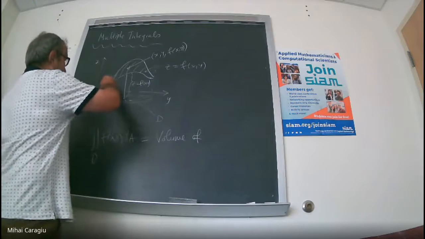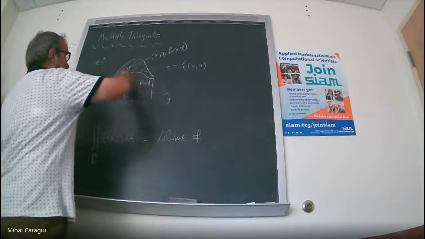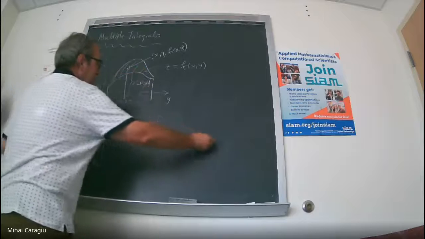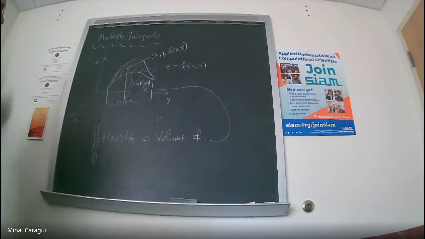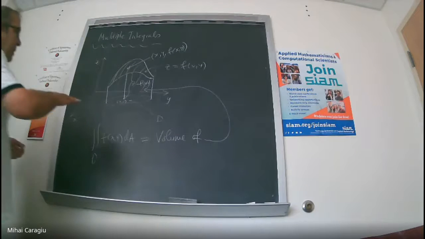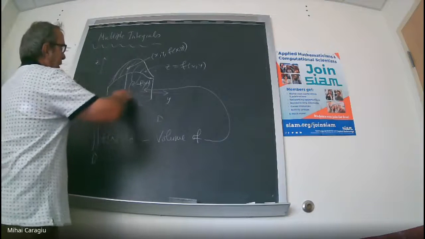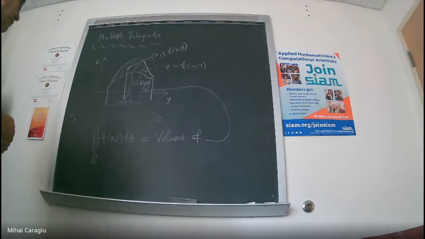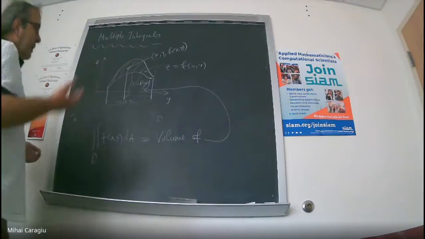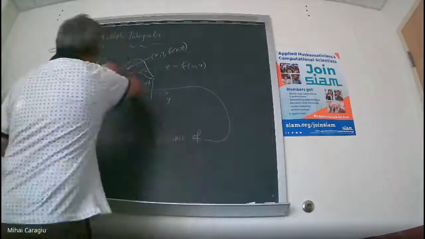So the volume of the solid in 3D between the plane domain D and the surface z equals f of x and y. Okay, so let's discuss some very simple cases.